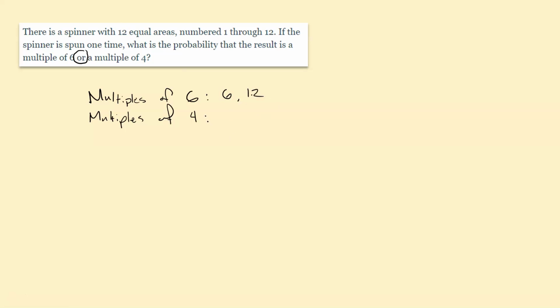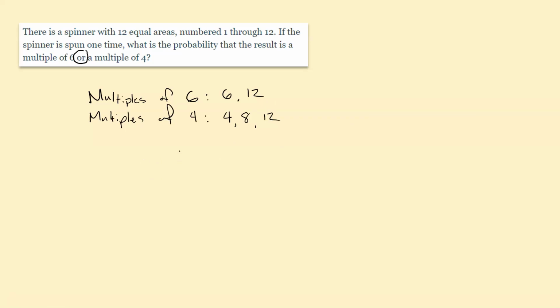So 6 times 1 is 6, 6 times 2 is 12. And then multiples of 4 would be 4, 8, and then 12. 4 times 1 is 4, 4 times 2 is 8, 4 times 3 is 12. So those are the multiples of 4. So 6, 12, 4, 8, and then we already said 12 are the satisfying results here.